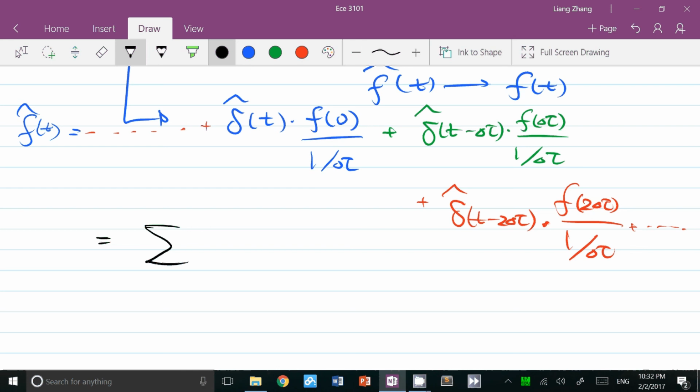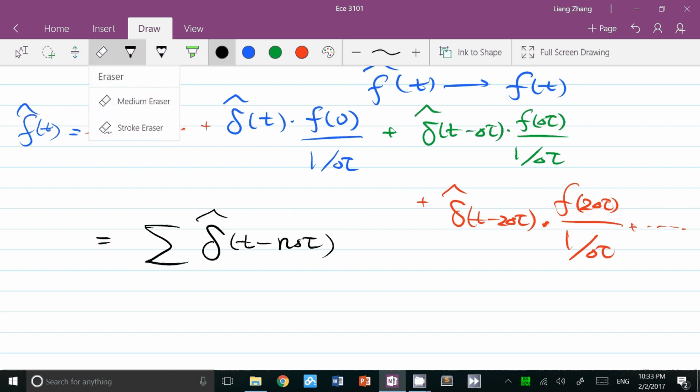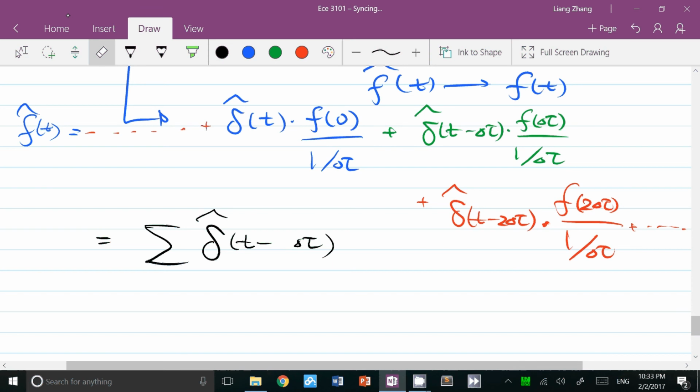In each term of the summation, we should have this delta hat, this thin rectangle, and we're going to have t, and we're going to shift this rectangle to the right and to the left by a multiple of delta tau. And this n, maybe let me use k since we used n already.